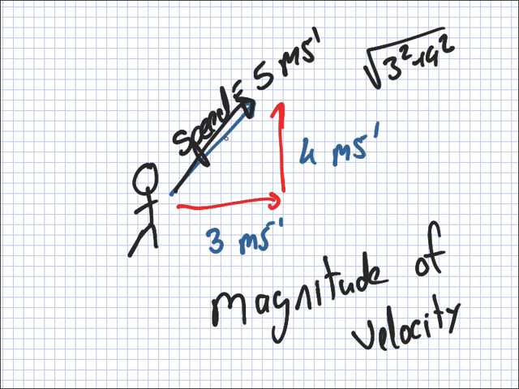Velocity means with direction. So this is velocity because it's 3 east and 4 north. This is no direction, it's just a number, so it's just speed.